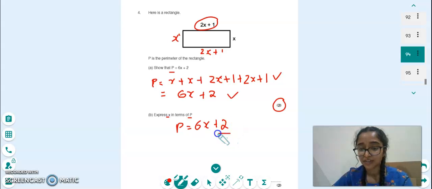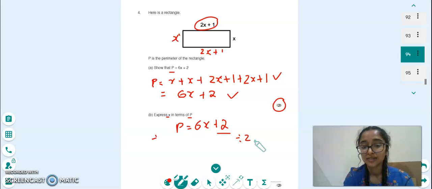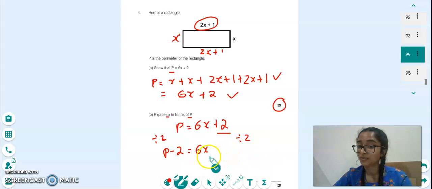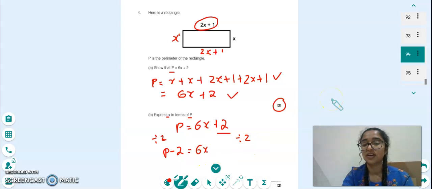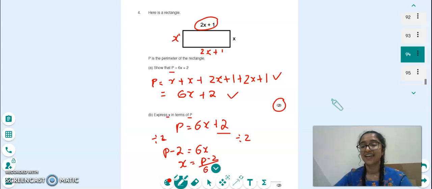Remember, we need to get rid of the 2 first. So do take away 2 on both sides to get P minus 2 equals 6x. Yeah? Then we're still not done because we don't have the x by itself. Finally, we need to divide both sides by 6. So we get x equals P minus 2 all over 6. That is your final answer.